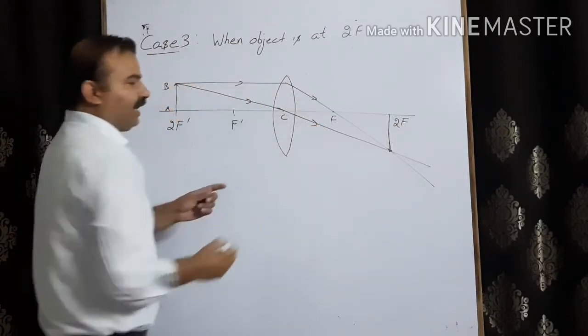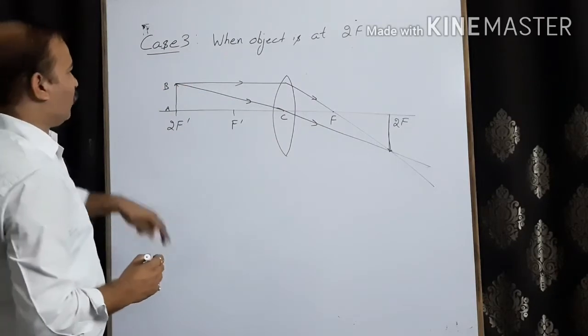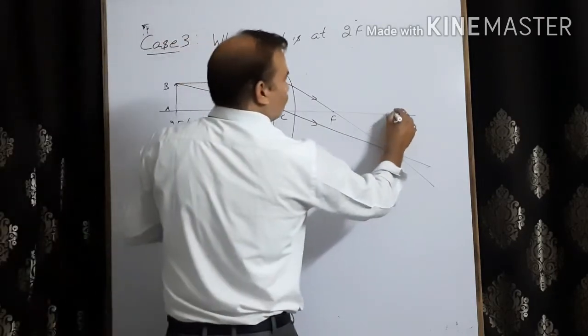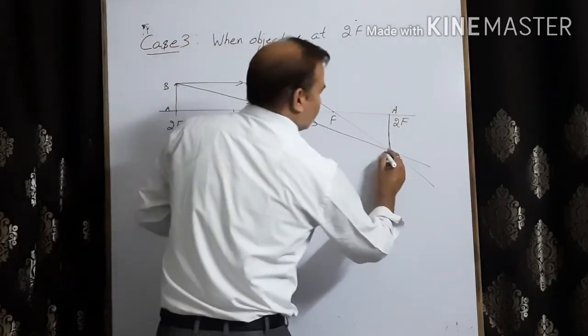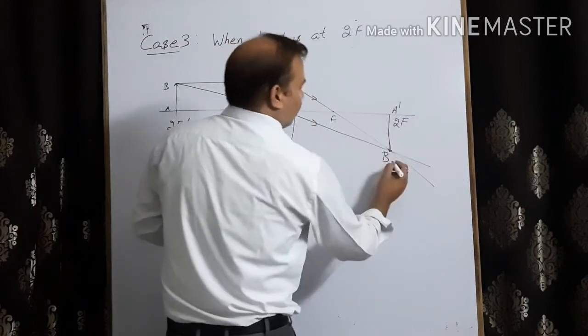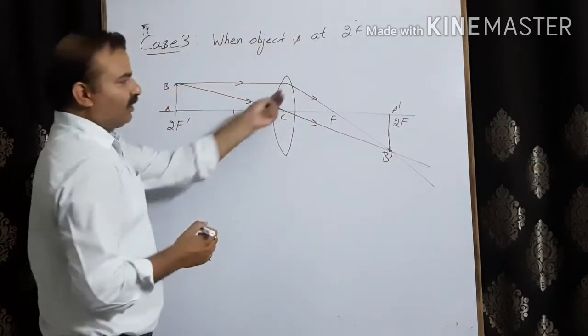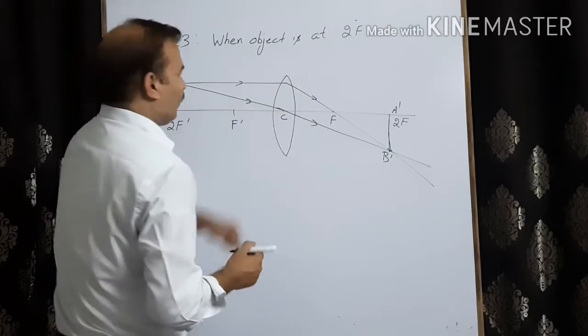And please remember, as an inverted image will be formed, A will be this point and B will be this one. So I'm writing here A dash B dash, that is inverted.